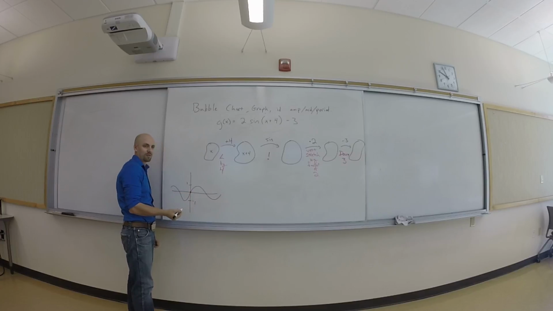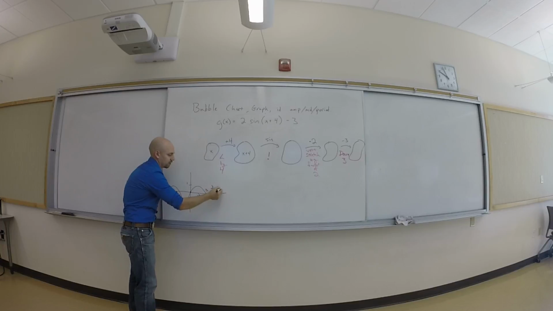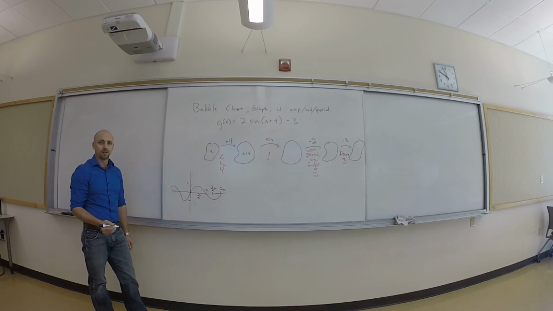This is at 0, yeah? Where's this and this happen? I'm just going to peg a couple of things to your chart. Okay, so pi over 2, pi, 3 pi over 2, and 2 pi. Okay. Then what? You shift it back 4 and down 3.